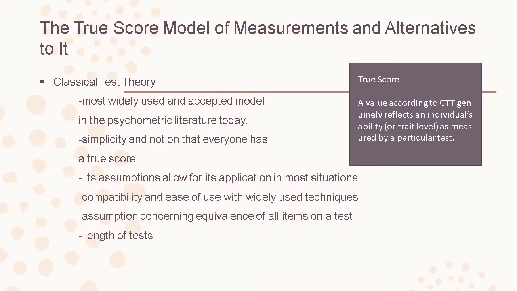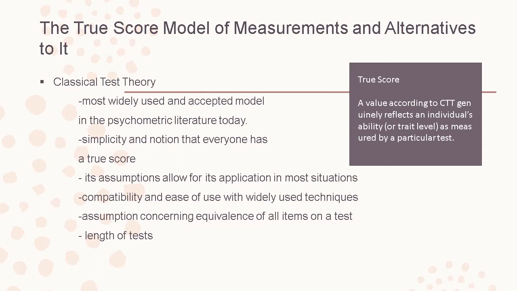The true score model of measurements and alternatives to it. The classical test theory is the most widely used and accepted model in the psychometric literature today because of its simplicity and notion that everyone has a true score. The true score is a value according to CTT that genuinely reflects an individual's ability or trait level as measured by a particular test.